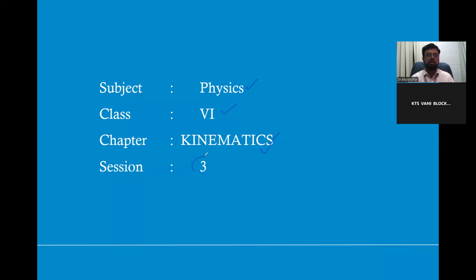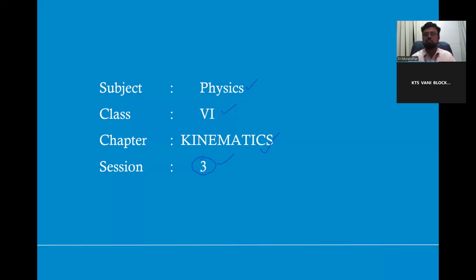Today we are entering the third and last session of kinematics. So far we completed 2 sessions where we learned the basic concepts of motion, rest, types of motion, and the terminology that comes across when a body is in motion: what is distance, what is displacement, and the difference between them. In the last class, we also introduced speed and velocity.